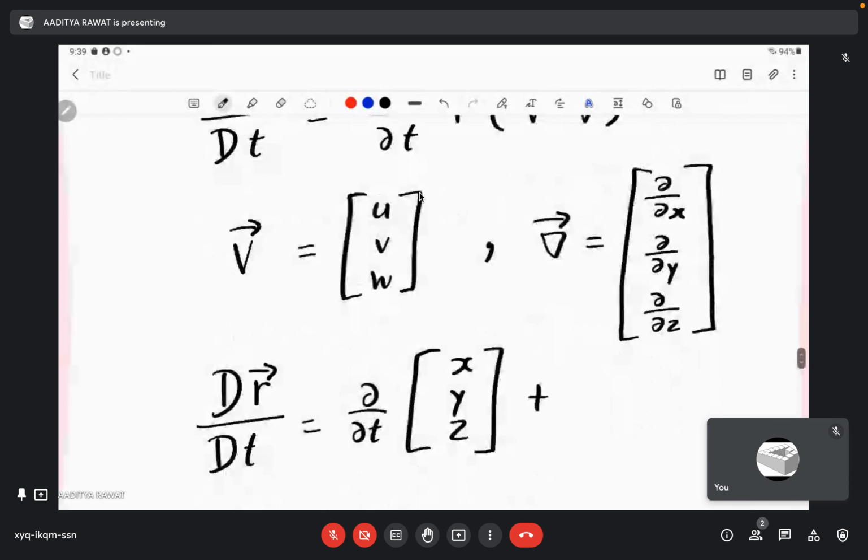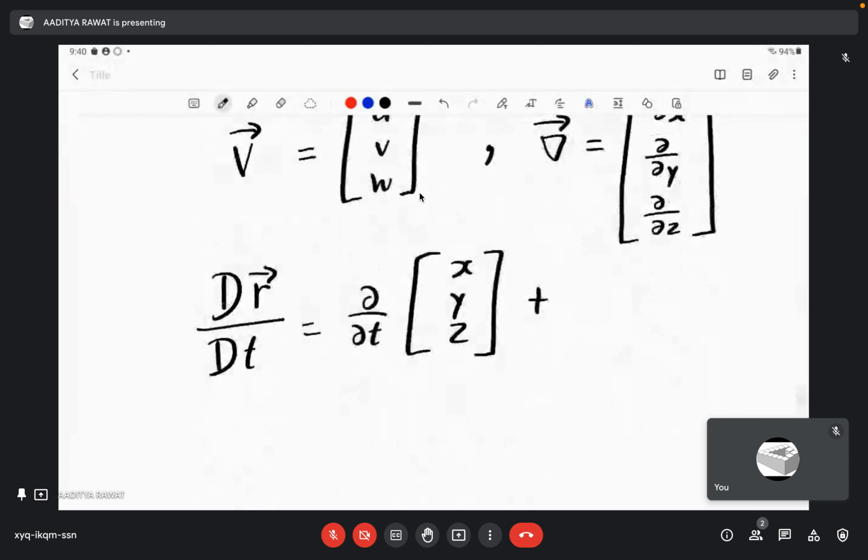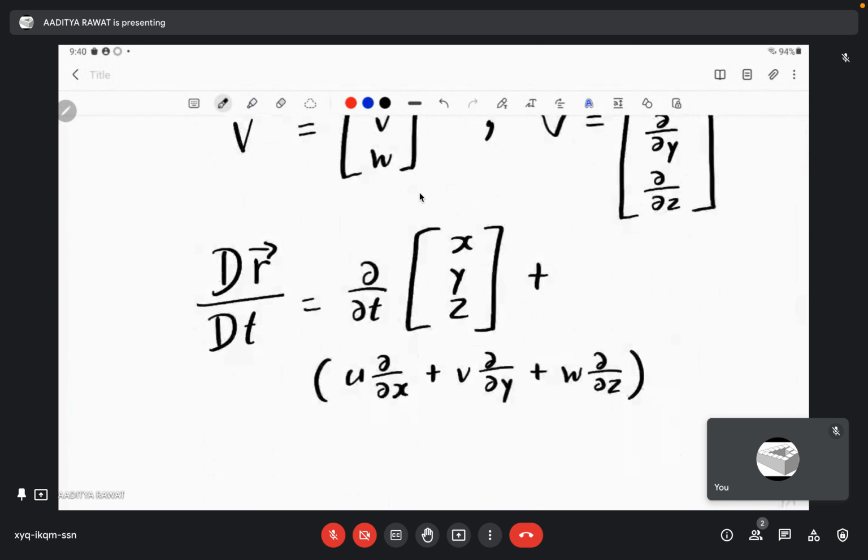If we take this information, v dot this gradient operator nabla would be equal to u del by del x plus v del by del y plus w del by del z of r, which is x, y, z, right?